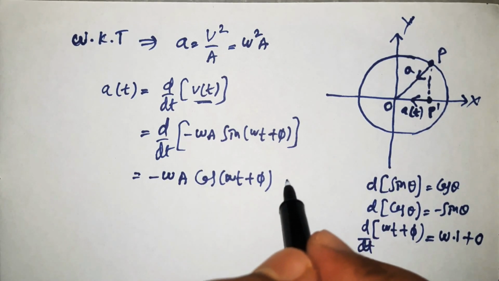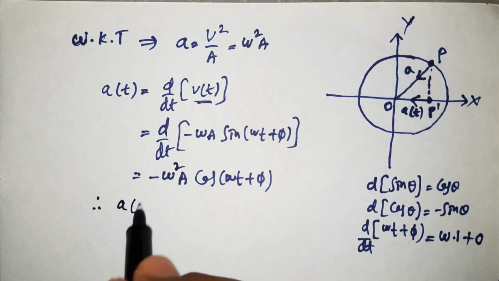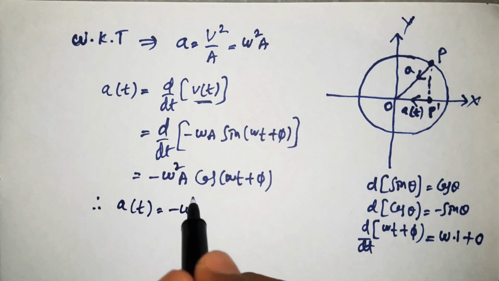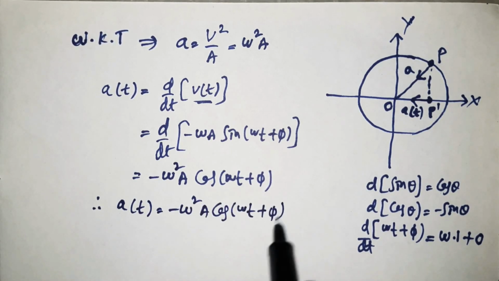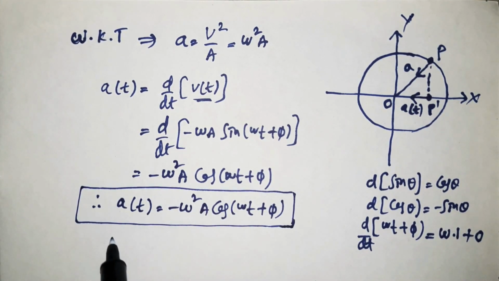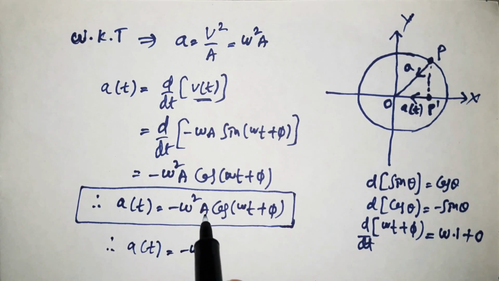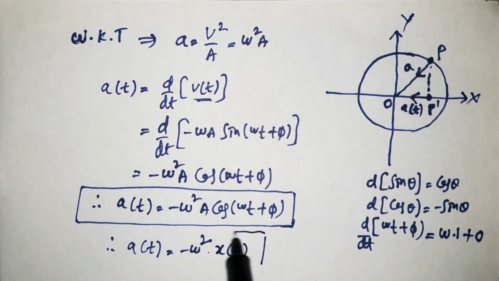That is ω into ω, that is ω square. Finally, a of t is equal to minus ω square a cos(ωt + π). So a of t is equal to minus ω square times a cos(ωt + π), which is x of t.